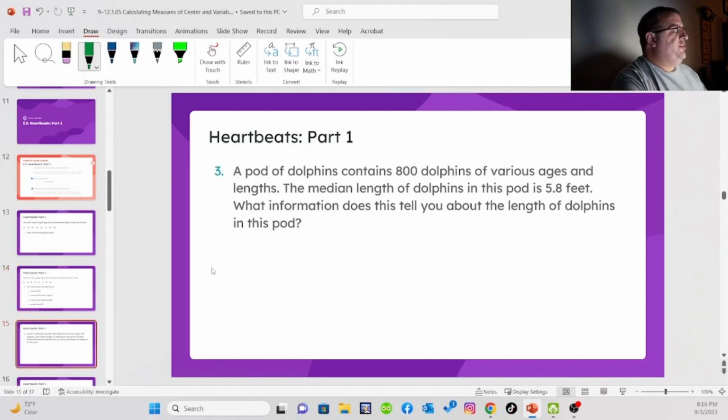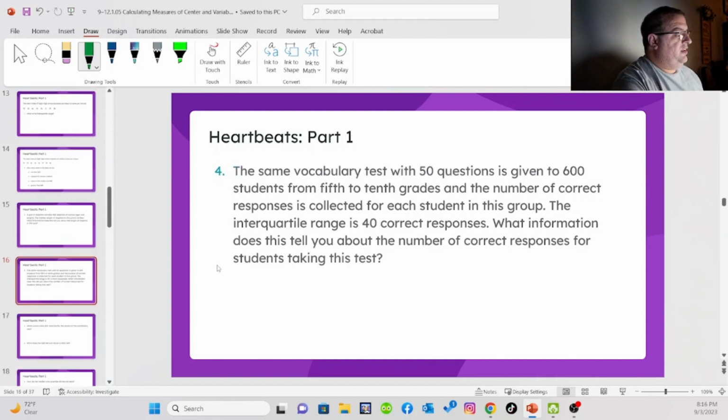For question 3, a pod of dolphins contains 800 dolphins of various ages and lengths. The median length of dolphins in this pod is 5.8 feet. What information does this tell you about the length of dolphins in this pod? Question 4.